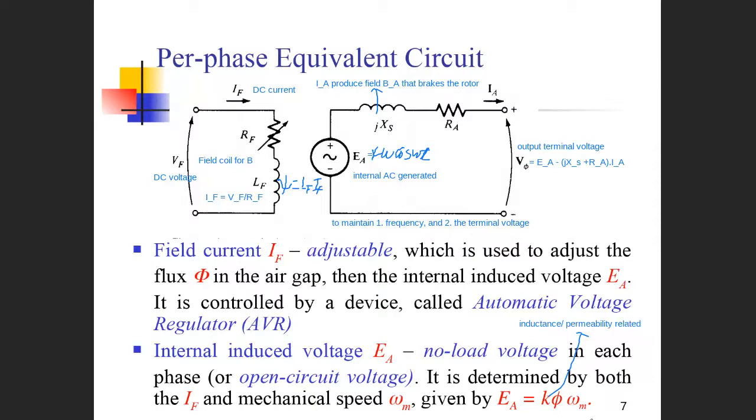Simply speaking, three prime factors determine the internal generated voltage. One is the inductance or permeability related coefficient, here we use K to represent it. The phi, which depends on the field current, and the omega here, which depends on the mover's speed.